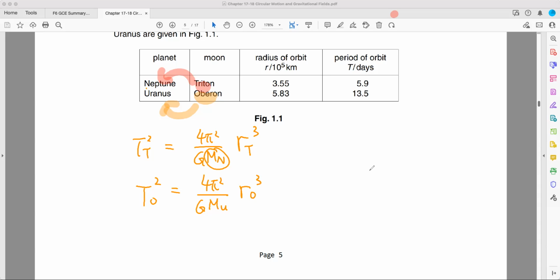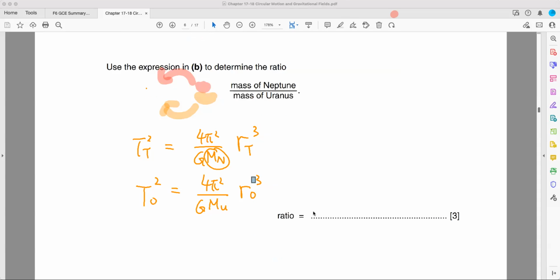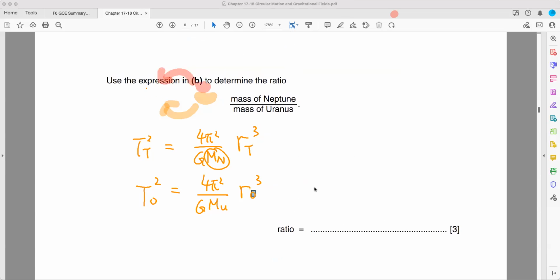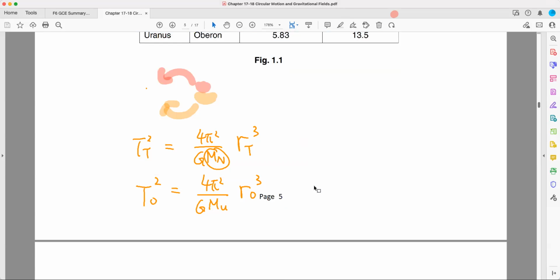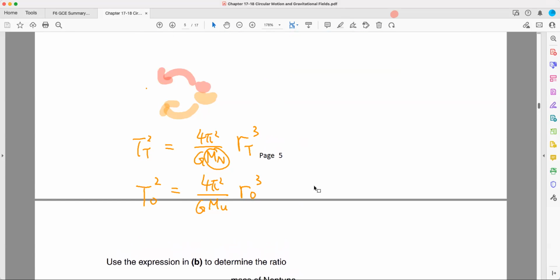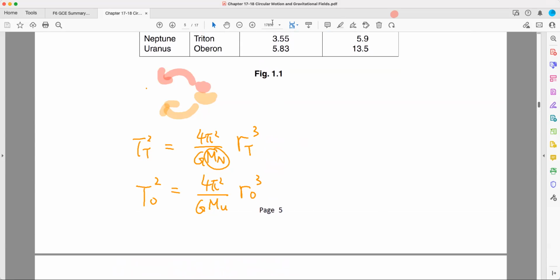Now in the question, you are asked to find the ratio of the masses. You are finding the mass of N divided by the mass of U. You're going to find this ratio.